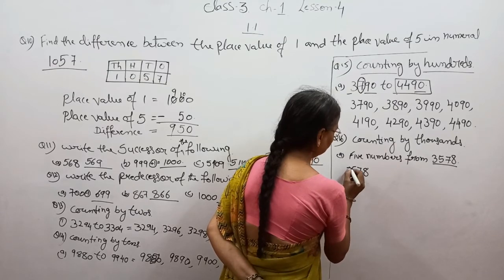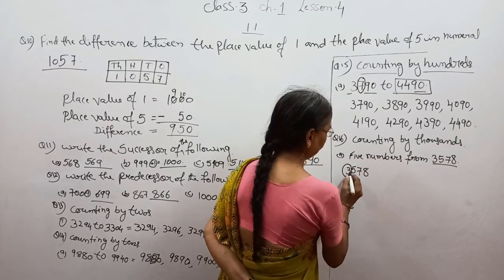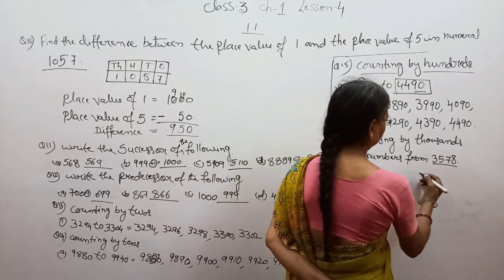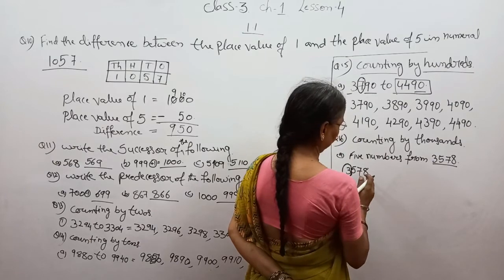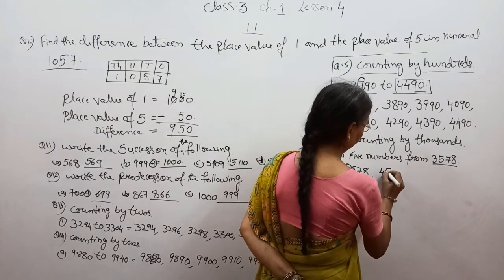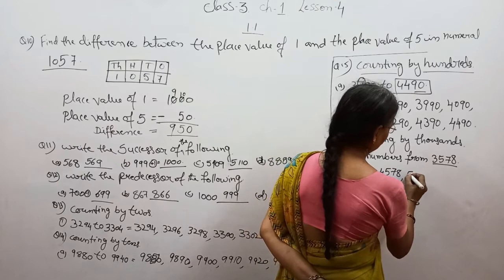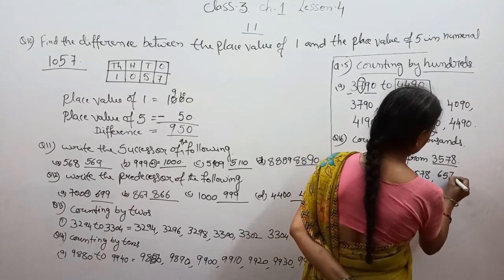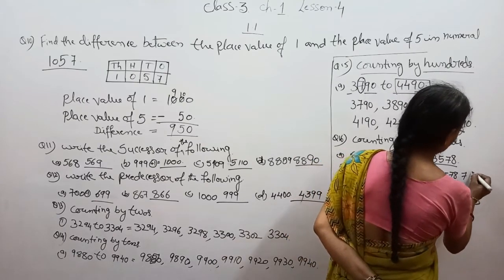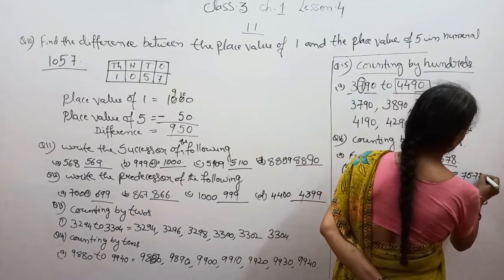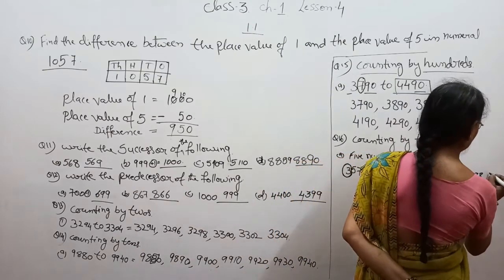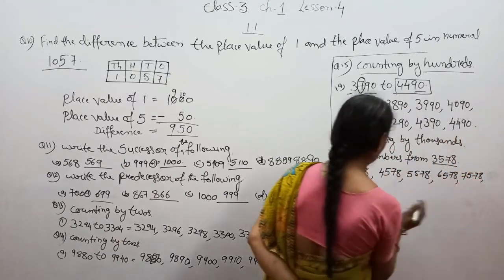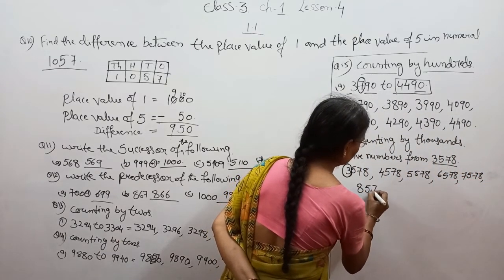3578, we have to change this one, the thousands place number will be changed consequently, that is 3578, then 4578, then 5578, then 6578, then 7578, and lastly it is 8578.